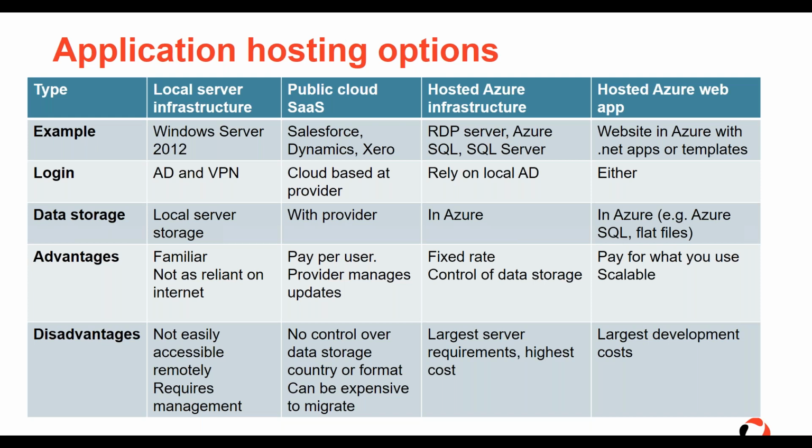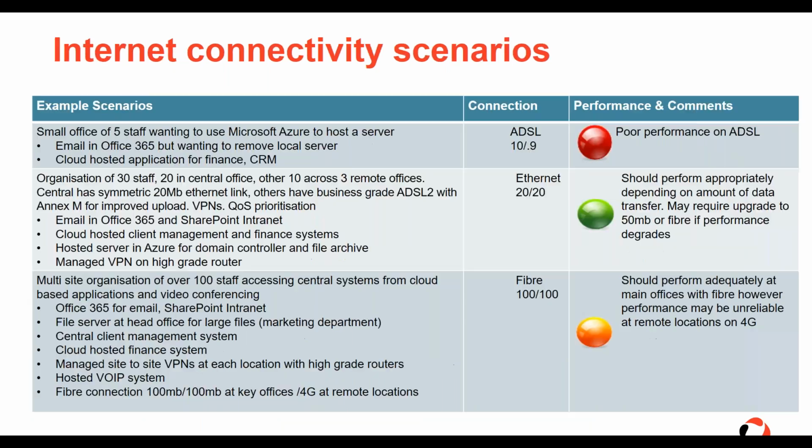best for you. When you're considering your options, basically whether you have a local server or move everything to Azure, one of the first questions we ask people is, how is your internet? Because essentially, if you're wanting to move all your files up to Azure, an Azure file server, for example, or a local application.